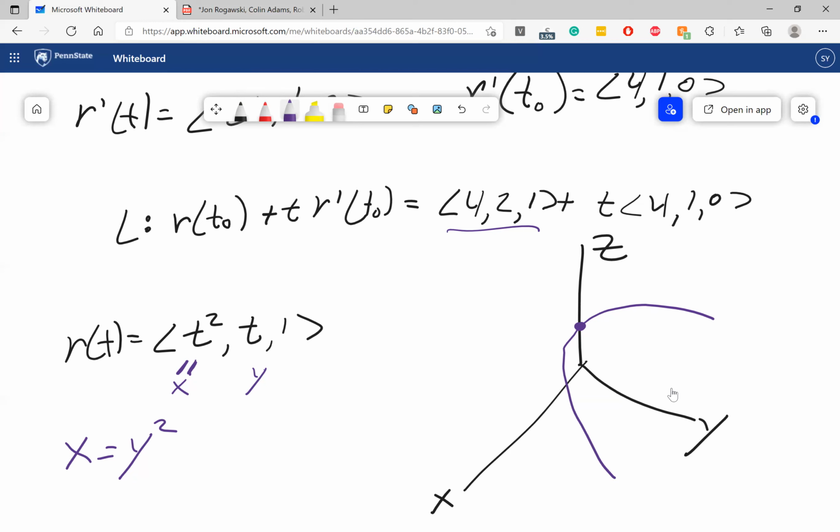For some reason, when you plug in 2, you get this number. It kind of hints to the fact that this parabola goes this way.